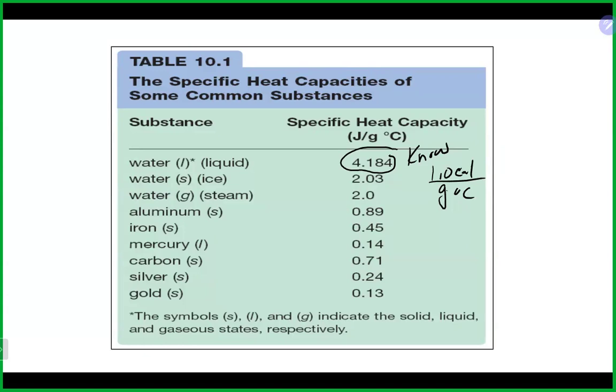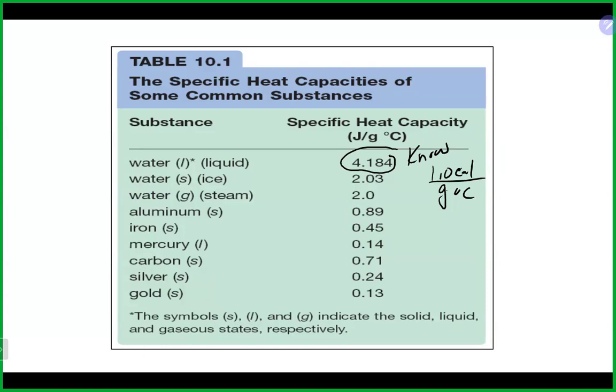In most cases, you will use the liquid water version of it, and you would use that 4.184 joules per gram per degree Celsius. So what do these specific heat capacities really mean? They have three units, right? They have joules per gram per degree Celsius. That again is the amount of energy required to change 1 gram of the substance by 1 degree Celsius.